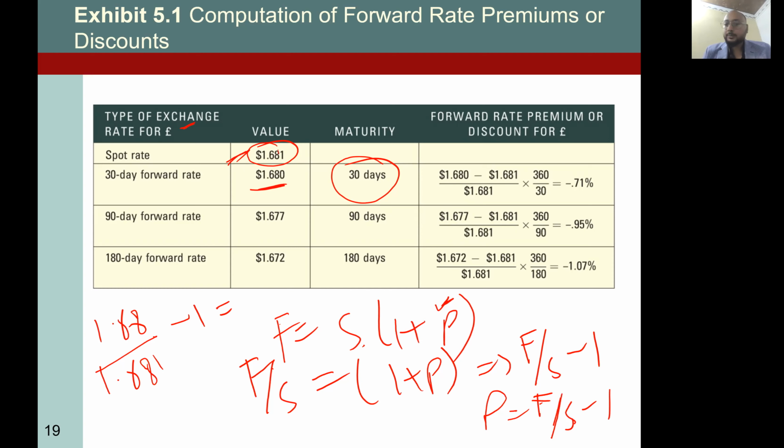It is 0.360, right? 1.68 divided by 1.681 is going to be minus 1.00059.